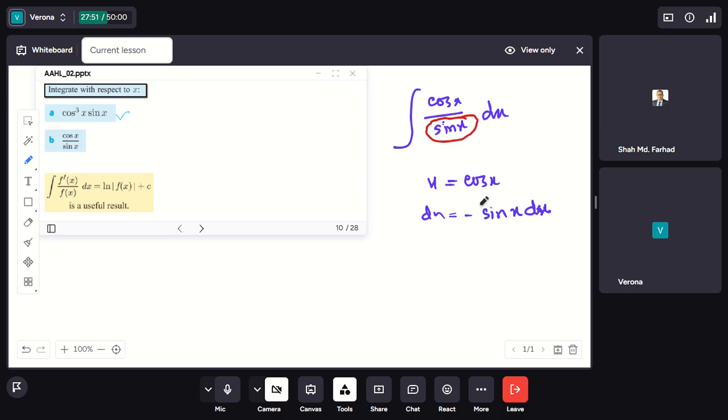But to substitute, we need sine with dx as multiplier. So if we let u equals cos x, then we can't calculate it. That means we have to set sin x as u, right?